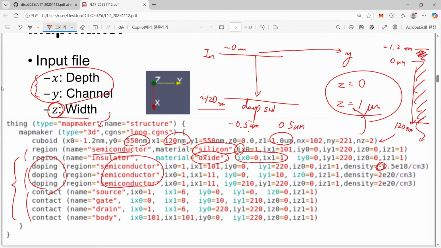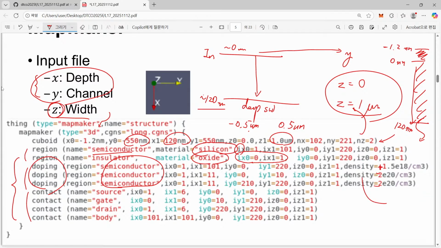Here we have a negative sign, and this negative sign is reserved for p-type dopant, and positive sign is reserved for n-type dopant. Later, if you want to simulate a p-type device, then instead of this negative and positive combination, you have to say positive and negative.